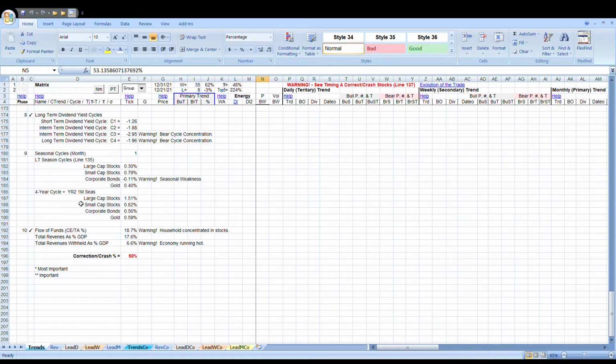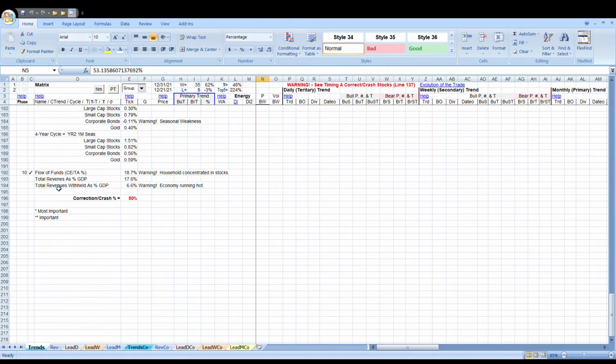This one's back to 1925. I have seasonal trends that go back into the 1800s. For now, I've decided not to include that because it's just too much information. It doesn't really change these long-term seasonal cycles back to 1925 too much, so we're just going to go with these for now. But I encourage you to stay on top of this, but the computer will be there as well.